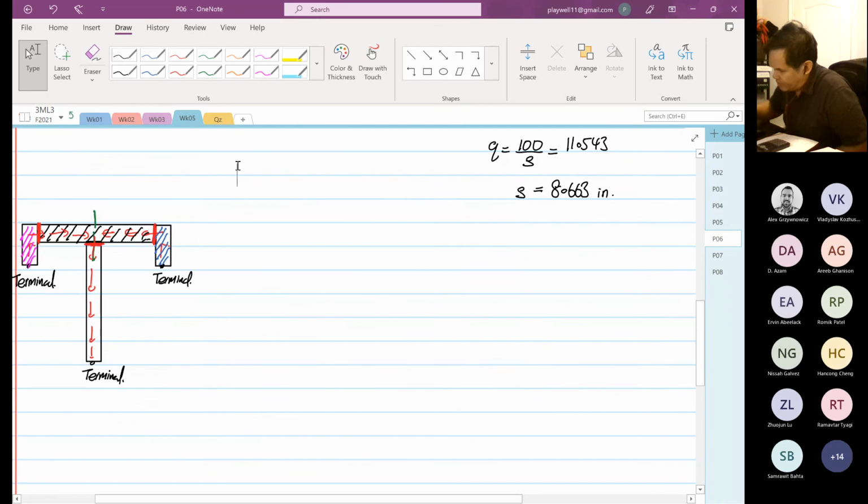So now we're going to calculate the spacing of the vertical nail.